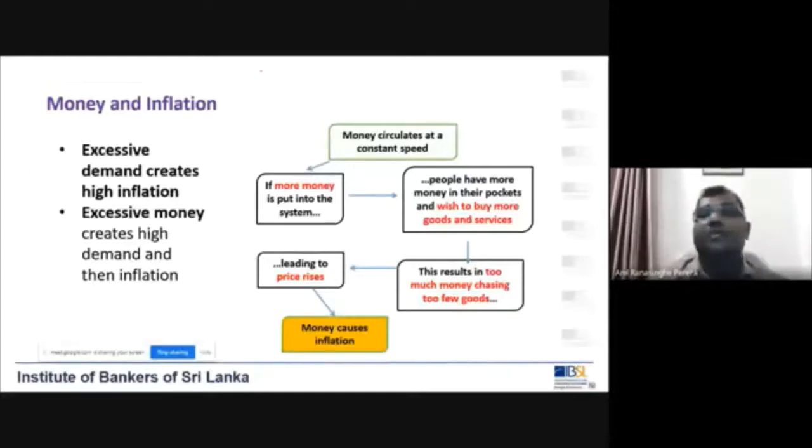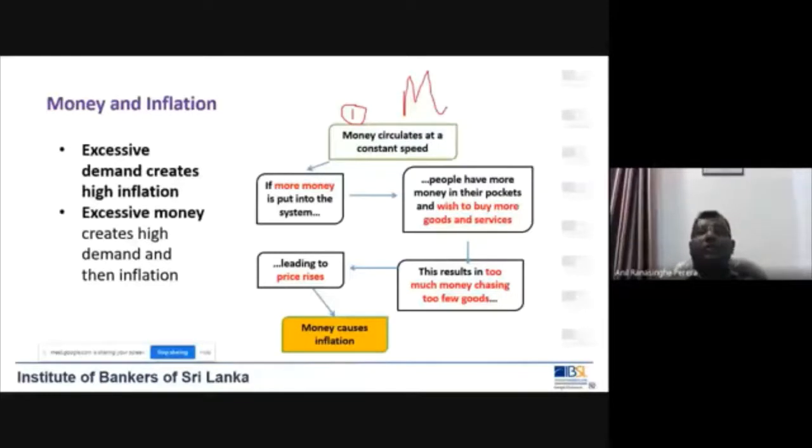When you have more money in your hands, you demand more, and that will lead to an increase in prices. Now, I have this simple diagram to understand this. Let's start here. In the economy, let's say you have money supply, M. Remember I told you that the velocity, V, is constant over the short term.